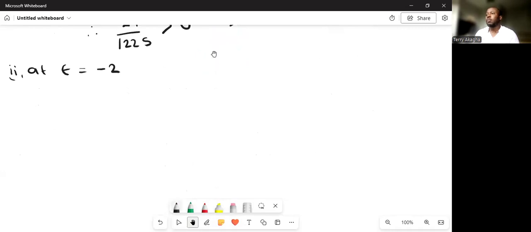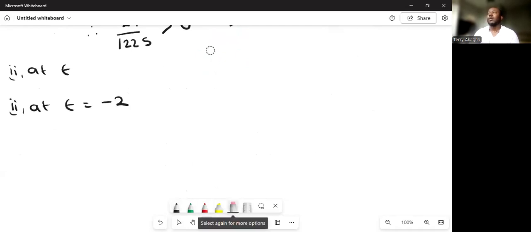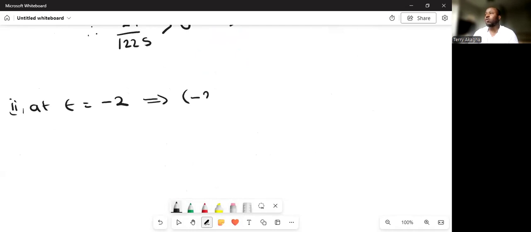Let's write it a little bit down here. At t equal to minus 2, the coordinate here was at minus 22 and 32. So we're going to do the same thing.